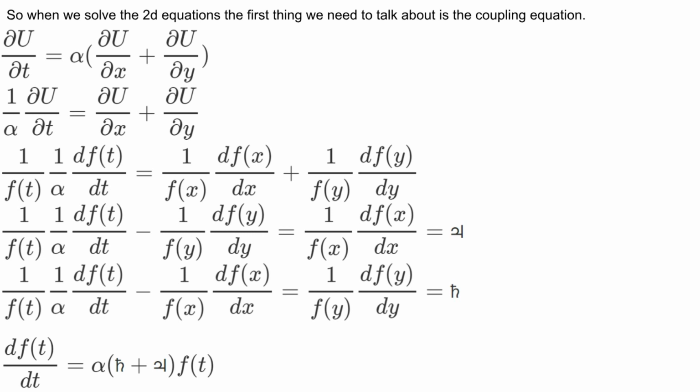Okay, so I'm just going to brush through this quickly. This is the solution in 2 dimensions. Again, this is just the separation of variables part of it. You'll notice that there are these 2 symbols, which I've represented with Jupiter and Saturn. This is our coupling equation.